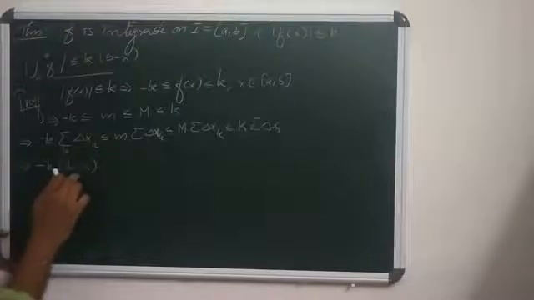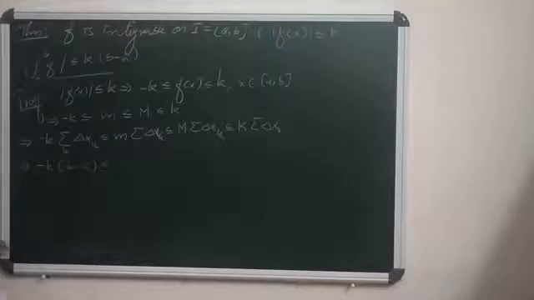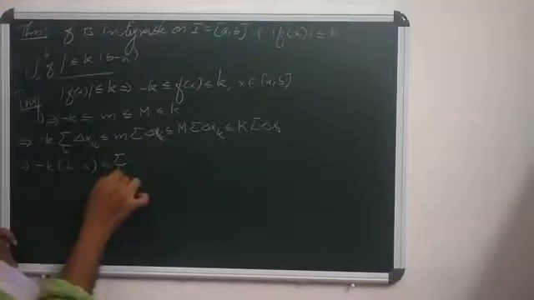So minus k times (b minus a) is less than or equal to m times the sum over k.